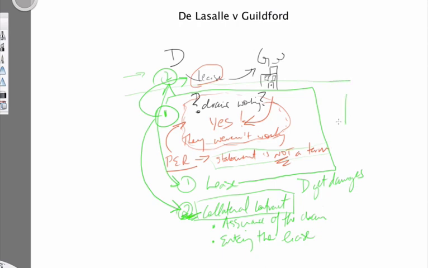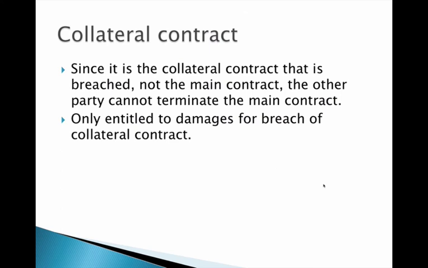The problem is in the collateral contract down here, which was entered into prior to the lease, so he can only get damages or compensation for the blocked drains. That's what we've got set out there. A collateral contract that gets breached means that you can't terminate the main contract. You can only get damages for the breach of the collateral contract.